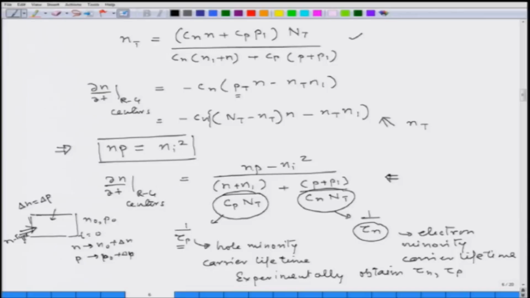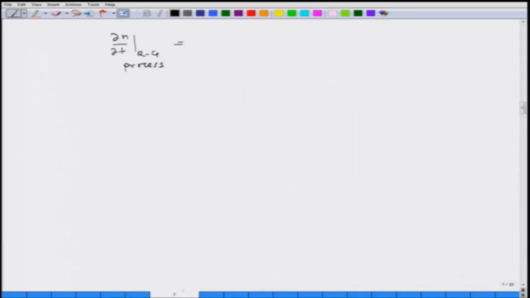The mistake here should be n p, not n1 p1, otherwise this will become 0. So, n p minus n i square.